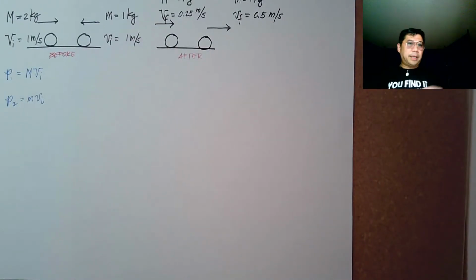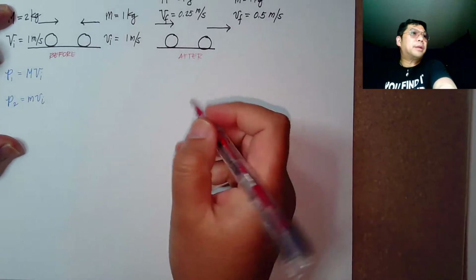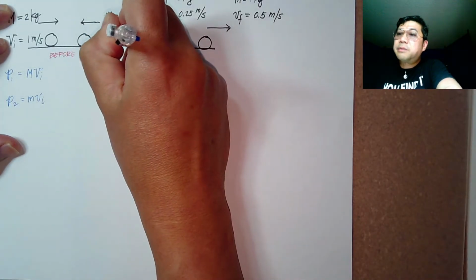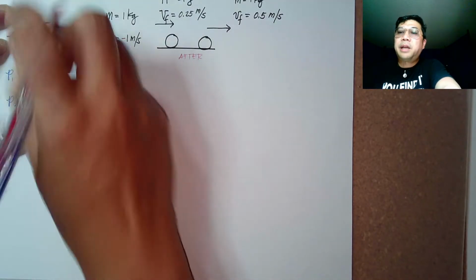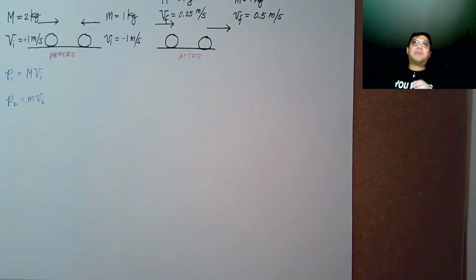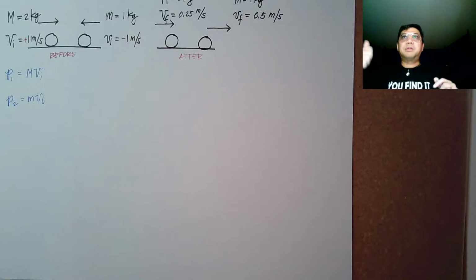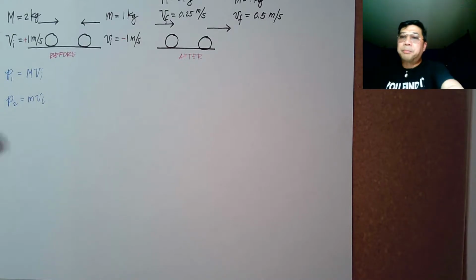Since the other one is moving in the opposite direction, to the left is negative, so we have to consider negative, and this one is positive. This is because momentum follows the rule of direction, as velocity is a vector quantity.